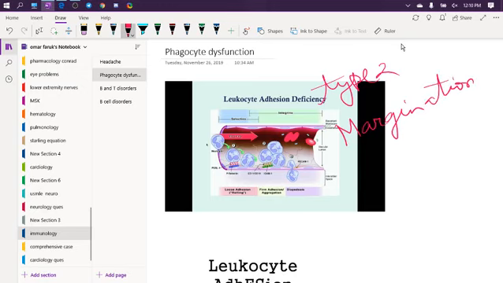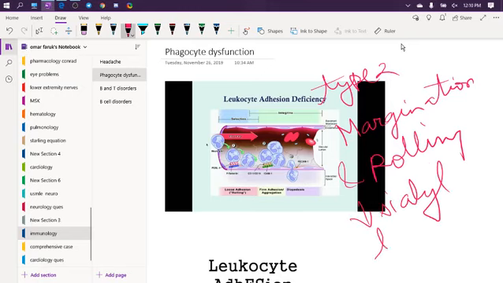Why margination and rolling? Because there is a decreased Sialyl-Lewis X, which is present on leukocytes. If there is decreased Sialyl-Lewis X, this is called leukocyte adhesion deficiency type 2.